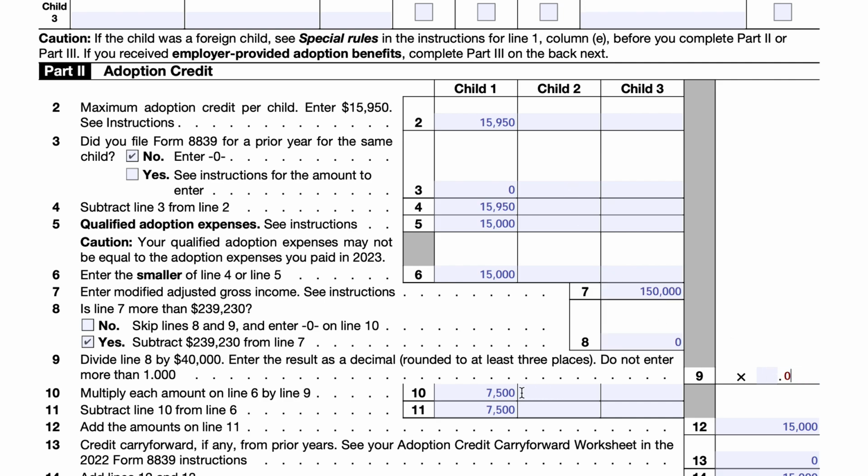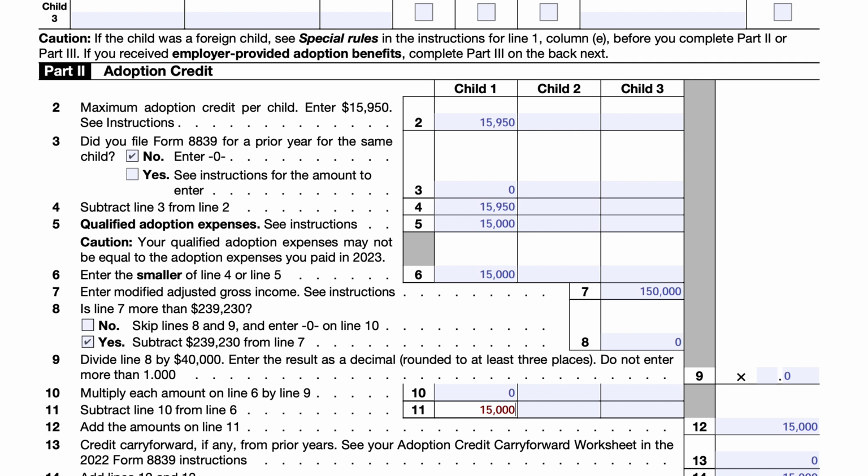So now we're going to add the amounts on line 11 for all 3 children here. We get $15,000. For the tax credit carry forward from prior years, there is an adoption credit carry forward worksheet.